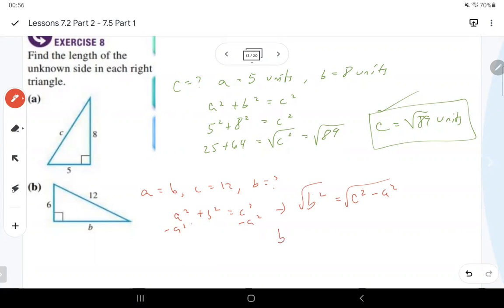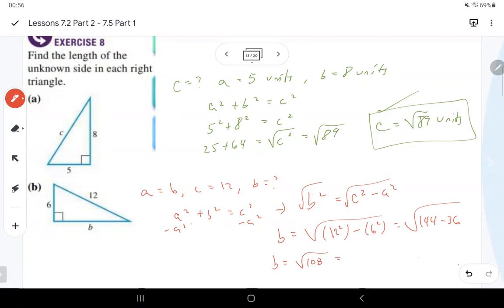So b is equal to the square root of 12 squared minus 6 squared, which is the square root of 144 minus 36, which gives us b equal to the square root of 108.